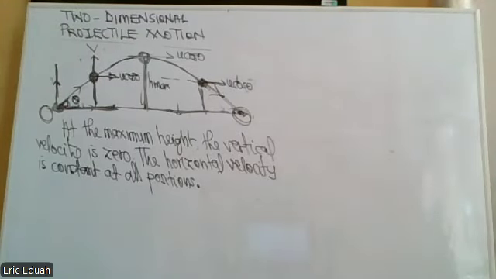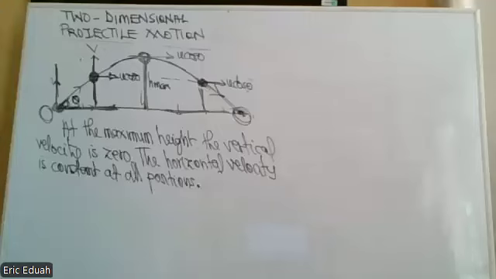For the horizontal to be 100 meters per second, and for the vertical to be 0. So, Francis, what is the velocity of the body at the maximum height? The velocity of the body at the maximum height horizontally would be the same, so 100 meters per second. Then vertically 0.